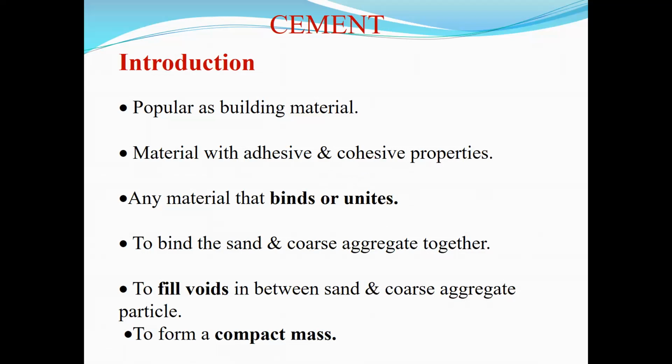But when we talk about cement, for example cement paste, when it is mixed with water, you can fix it to a wall. If you use it with aggregate, the cement will make a bond with the aggregate surface.